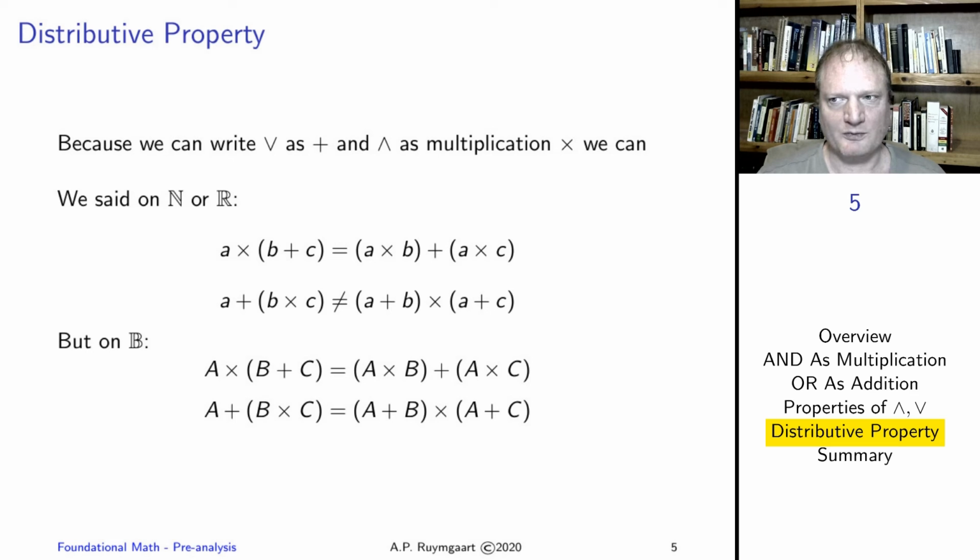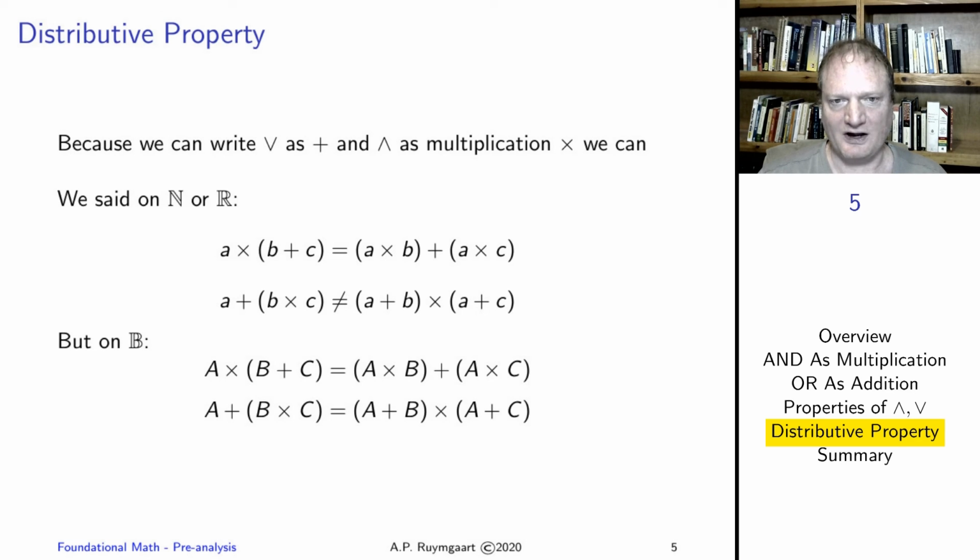On the Boolean domain, however, both of these distribute. So Boolean multiplication, which is AND, distributes over Boolean addition, or the Boolean OR operation, and the Boolean addition also distributes over Boolean multiplication, so the OR distributes over the AND operation.